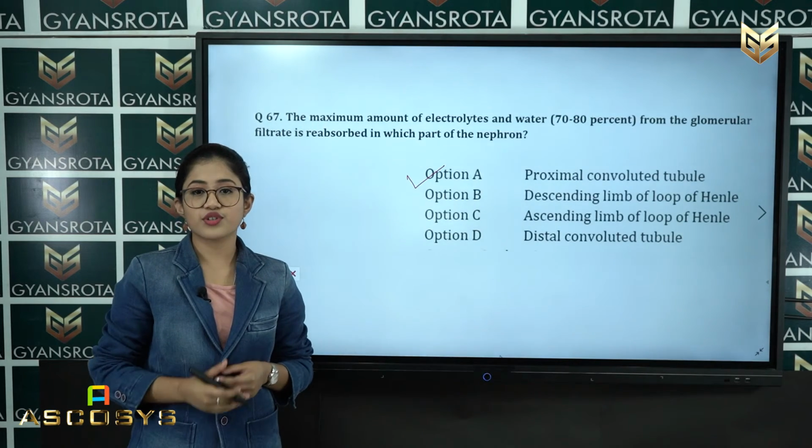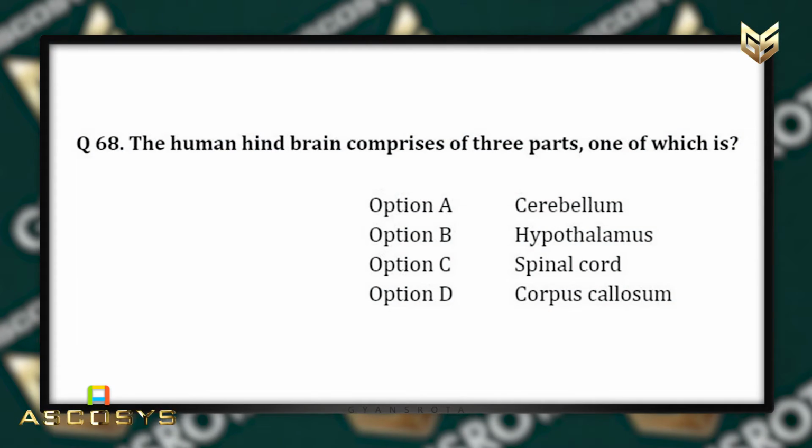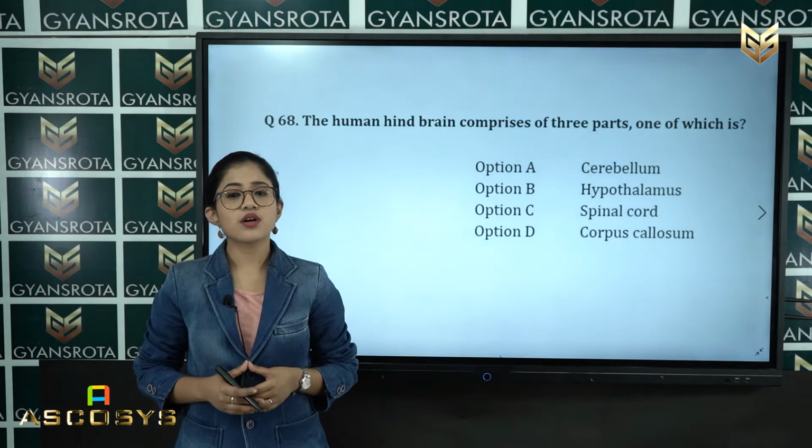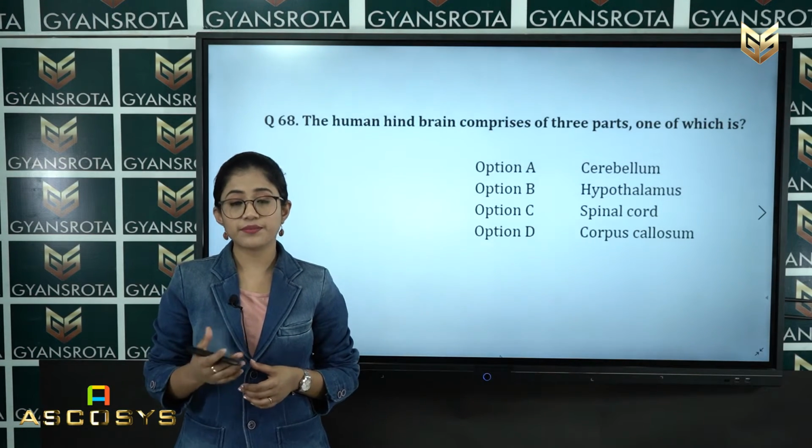Now, let us see the next question, that is question number 68. The human hindbrain comprises of 3 parts, one of which is option number A, cerebellum, option number B, hypothalamus, option number C, spinal cord, and option number D, corpus callosum. So, student, what are the 3 parts of the human hindbrain?